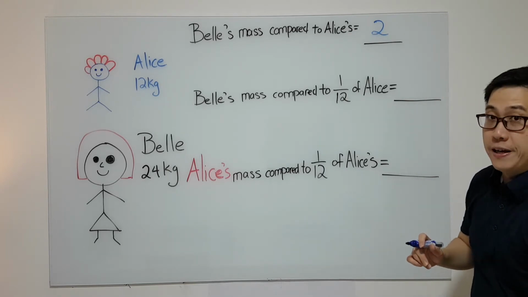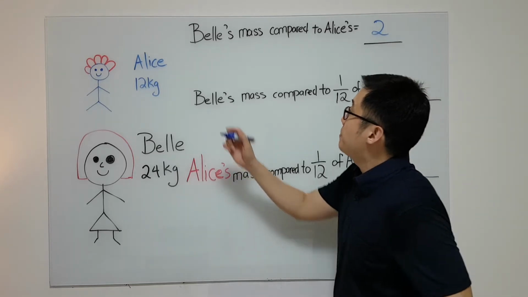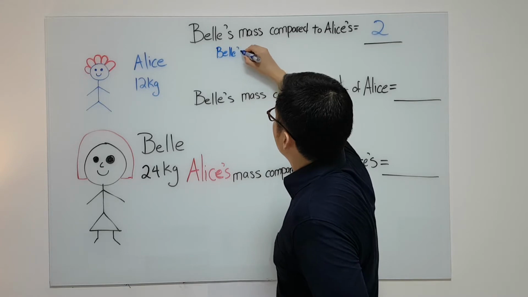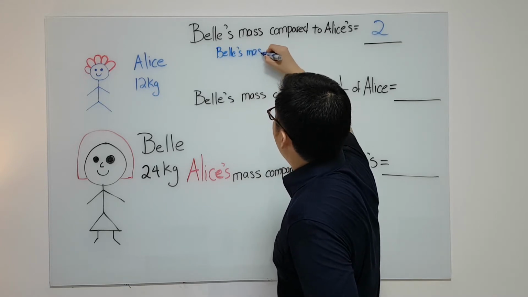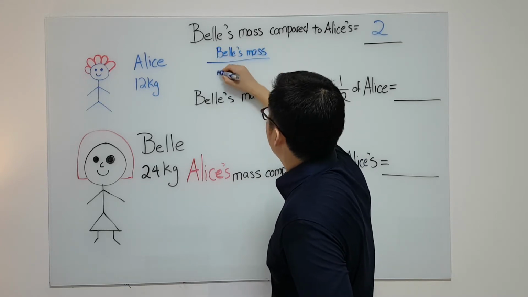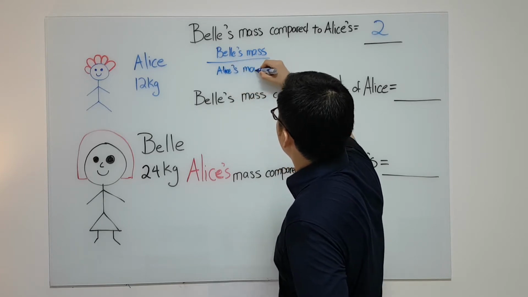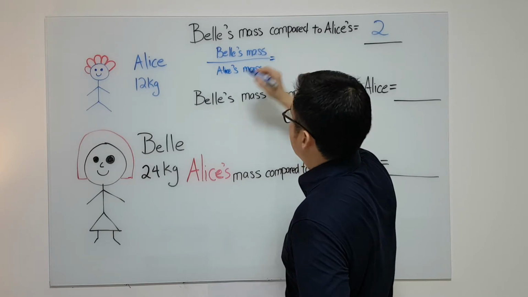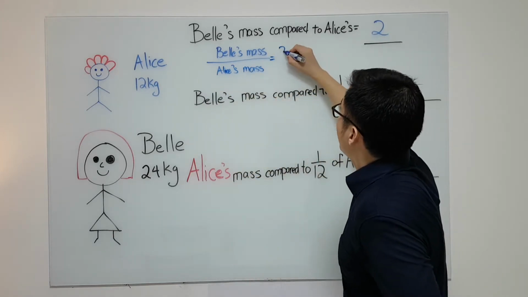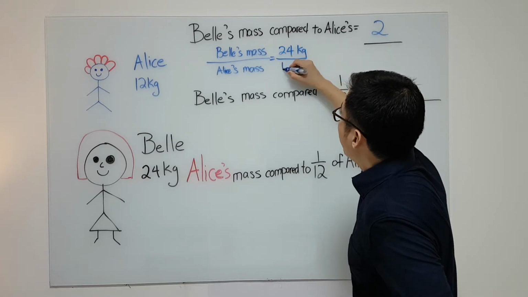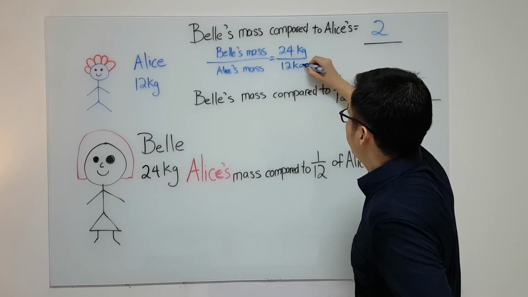Well, what I have done is I took Belle's mass and I divide this with Alice's mass. So in this case here, it's actually 24 kg divided by 12 kg.